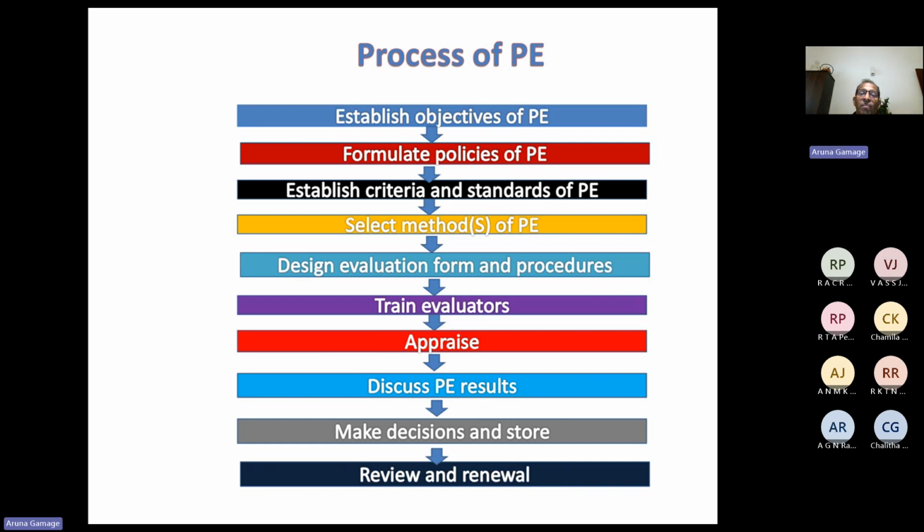What do you mean by SMART? What does the letter S stand for? Students, aren't you with me?